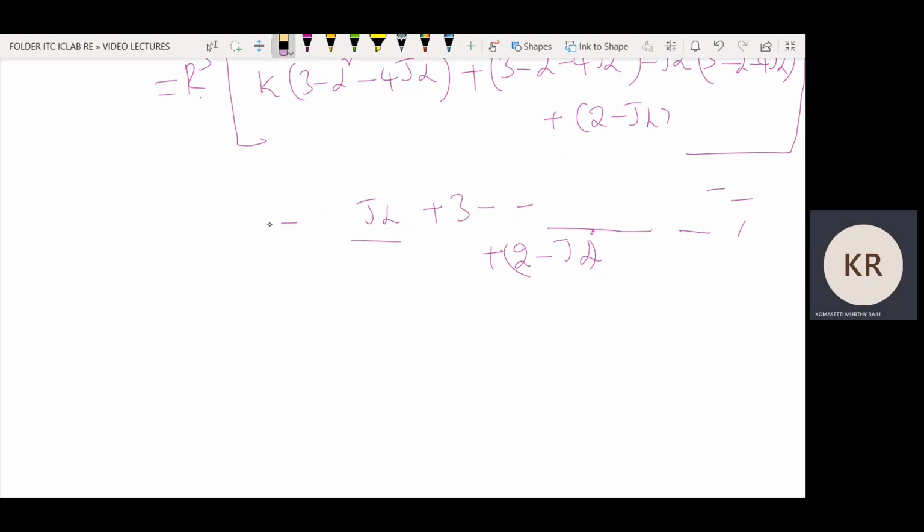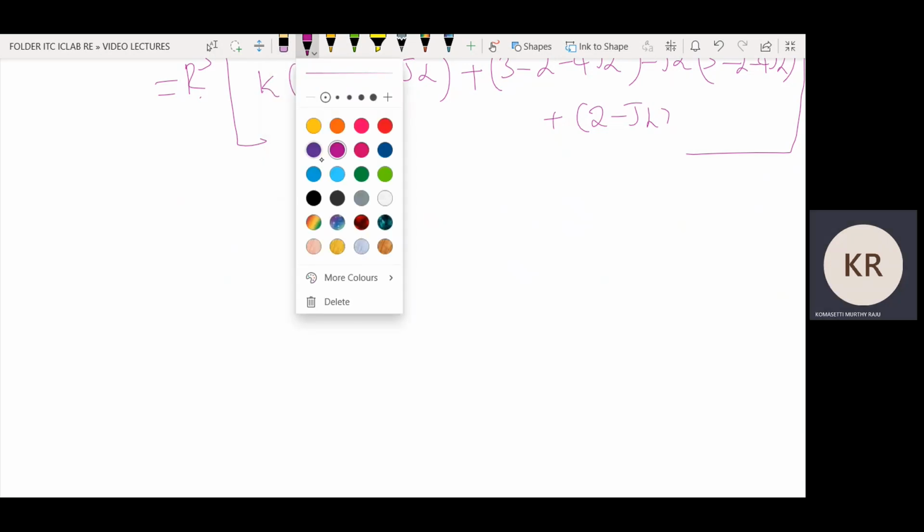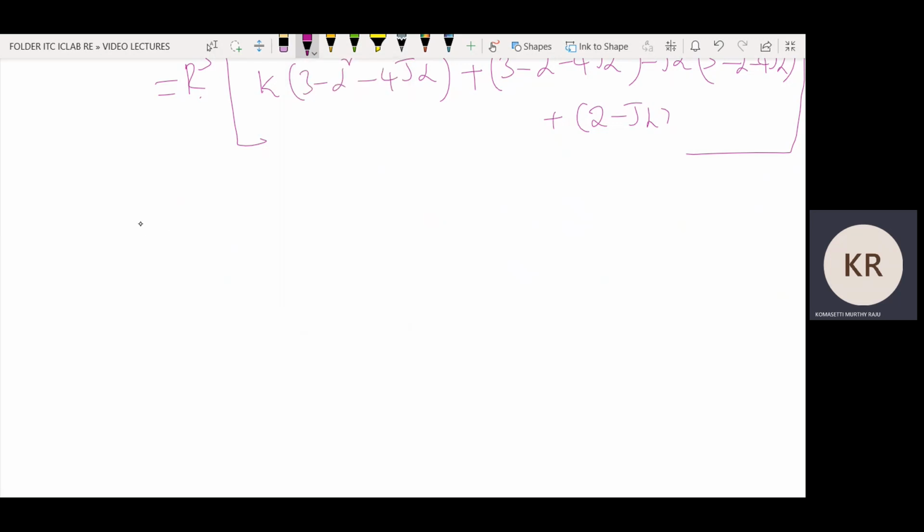This one's simplified expression is here r cube into k into 3 minus alpha square minus 4j k alpha, minus 4j k alpha.